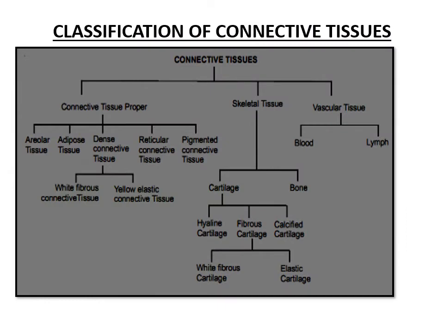Now we are going to discuss the classification of connective tissues. Connective tissue is mainly classified into three groups: connective tissue proper, skeletal tissue and vascular tissue.